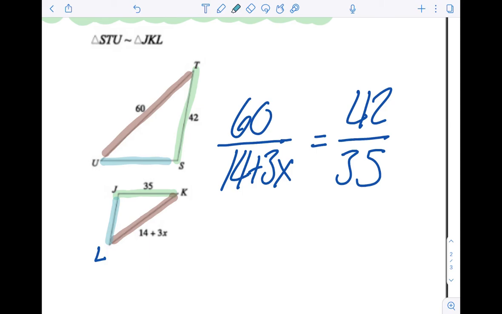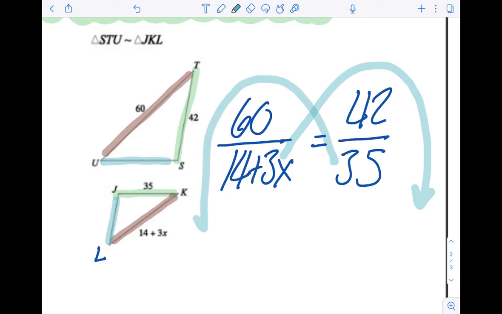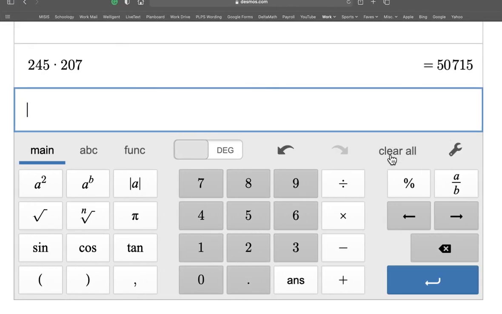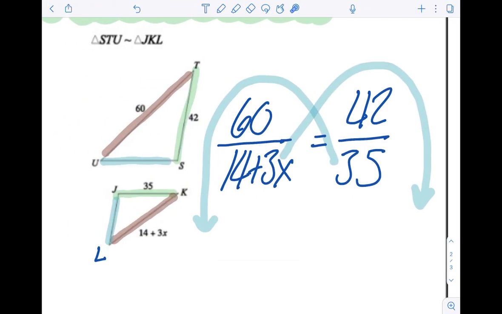From here, kiddos, we know we're going to butterfly multiply, right? So let me do these two first. 35 times 60 gives me 2100.